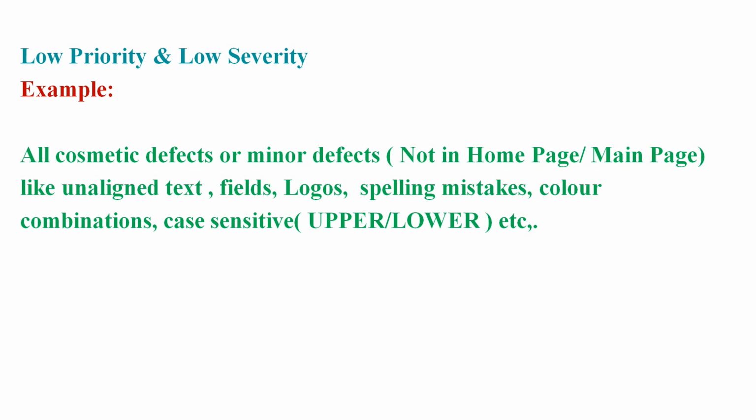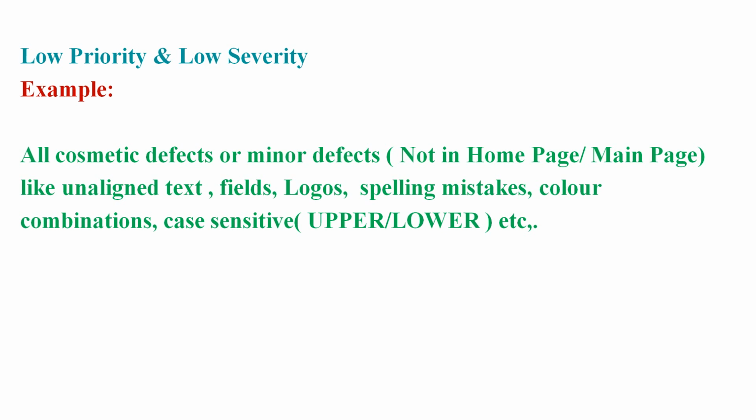These defects are not stopping the testing activity, right? But you have to remember that either it may be a cosmetic defect or any minor defect, these defects should not be present in the home page or the main page.